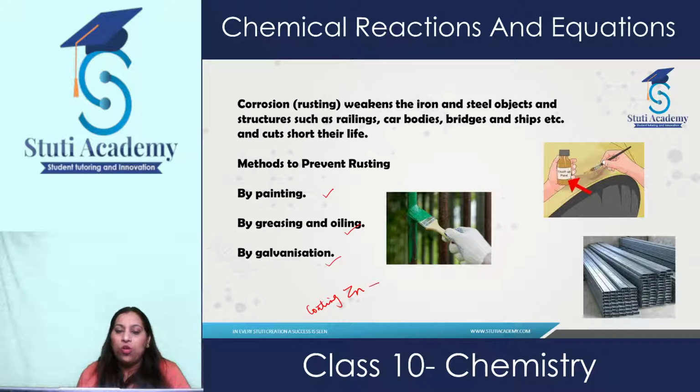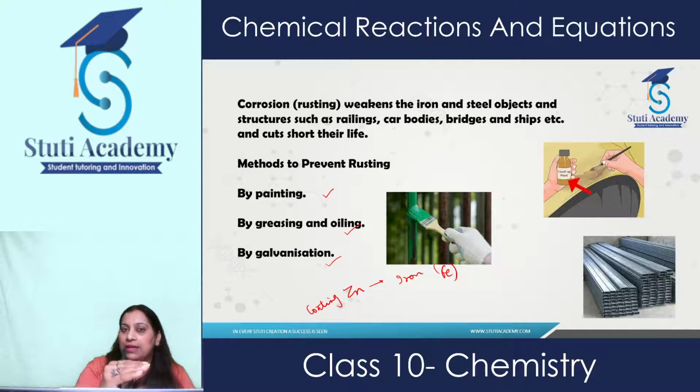Coating of zinc over iron is known as galvanization. Because when we apply this coat of zinc over iron, iron directly cannot come in contact with the oxygen and water. So it prevents from rusting. So these are methods which we generally use to prevent iron objects from getting rusted.